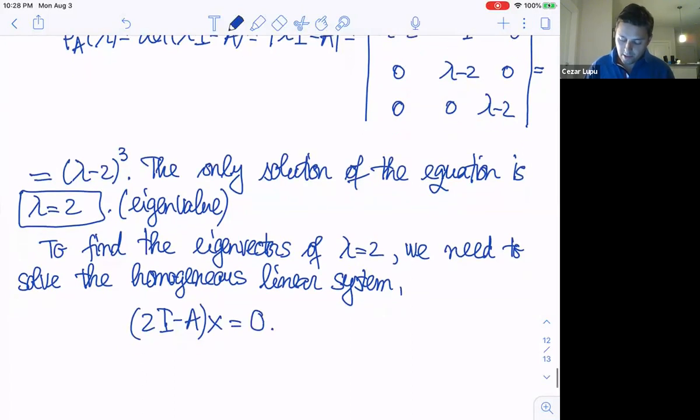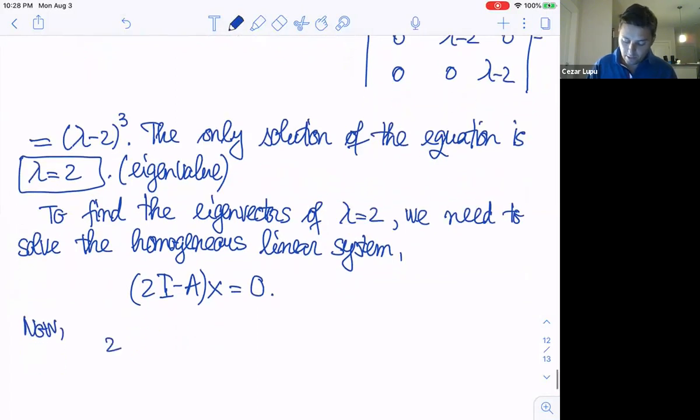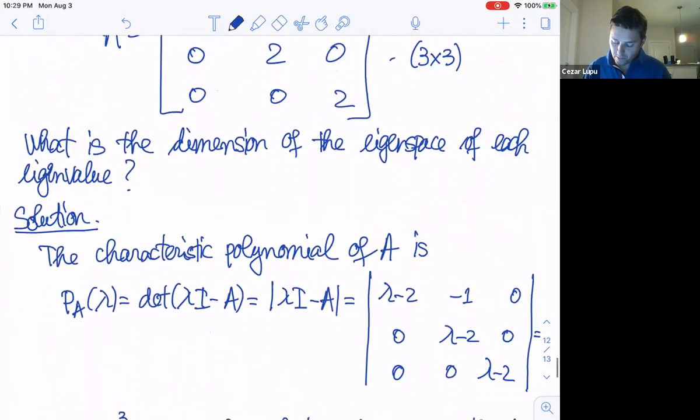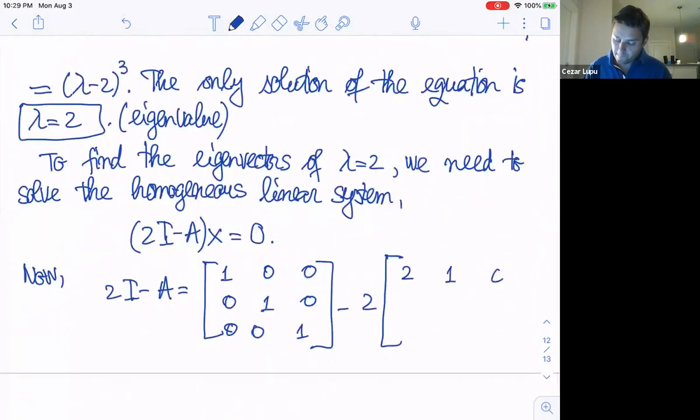Okay, now let's see. We see that 2I minus A, 2 times the identity minus matrix A, is nothing else than just, let's write 1, 0, 0, 0, 1, 0, 0, 0, 1, minus the matrix A. The matrix A was 2, 1, 0, 0, 2, 1, no, sorry, 0, 2, 0, and the last one was 0, 0, 2.